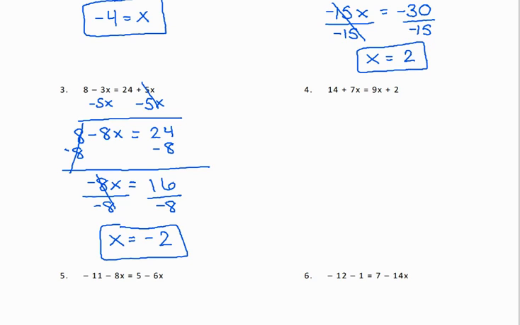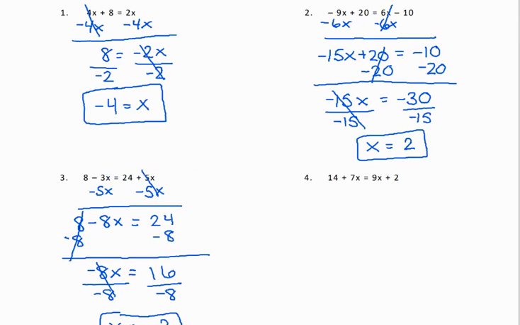So for the first one, we did minus 4 because that was on the left. You could have done on number 1, you could have chosen to subtract 2x first. That's where I keep saying it. It doesn't matter. It's your choice. Okay.